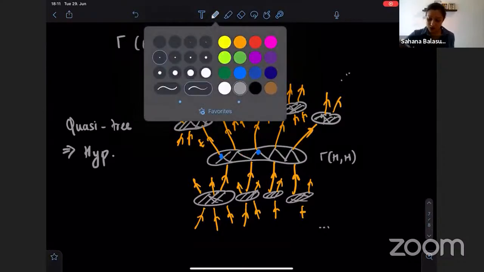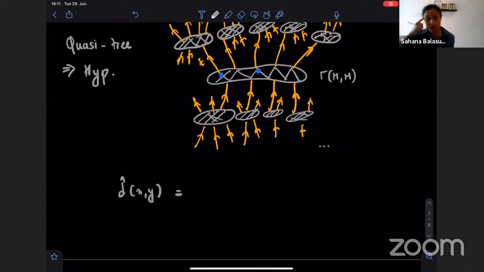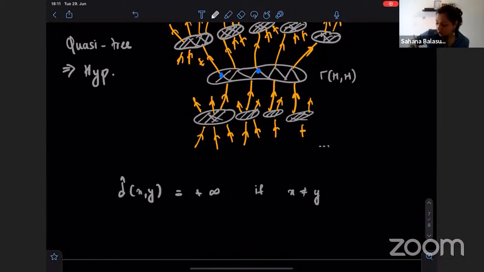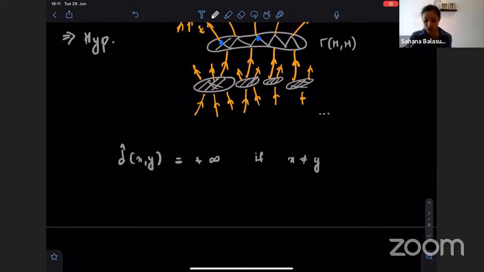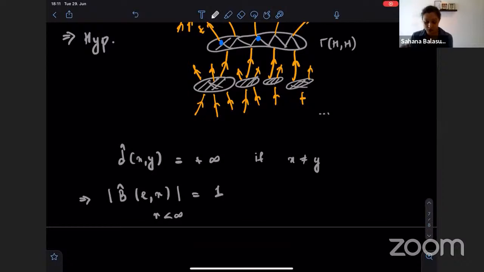So what this is telling me is that the relative metric between x and y, this relative distance, is always going to be plus infinity if x does not equal y. And therefore, if you consider the ball centered around the identity with respect to any finite radius, this always has cardinality 1.